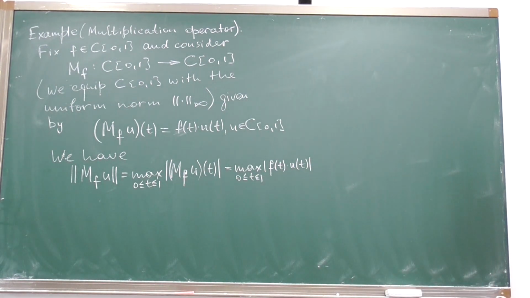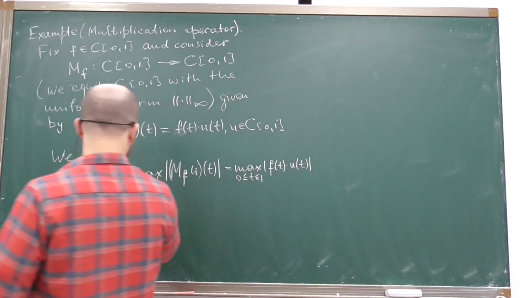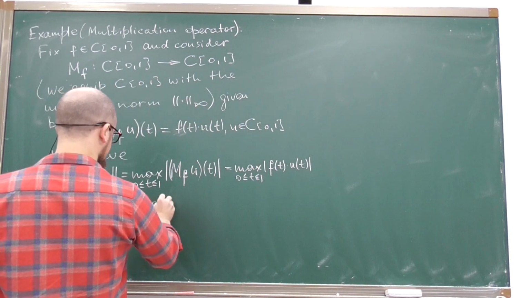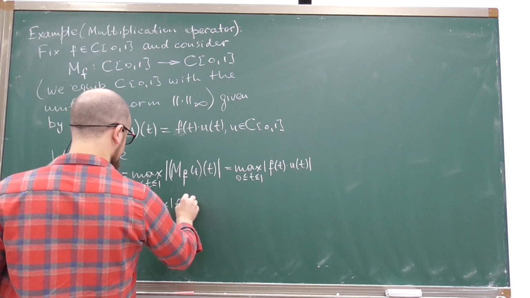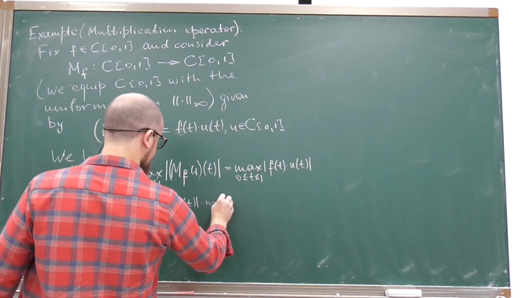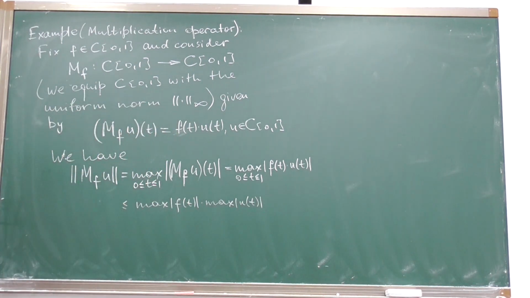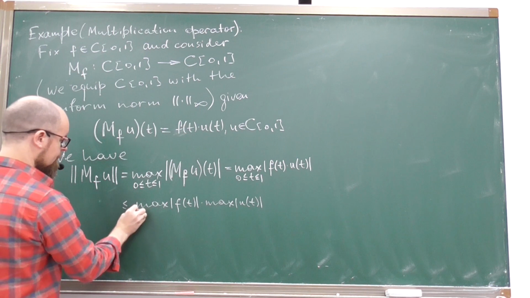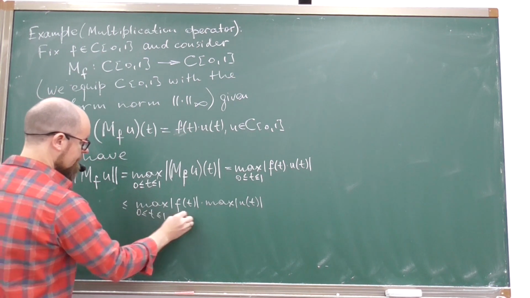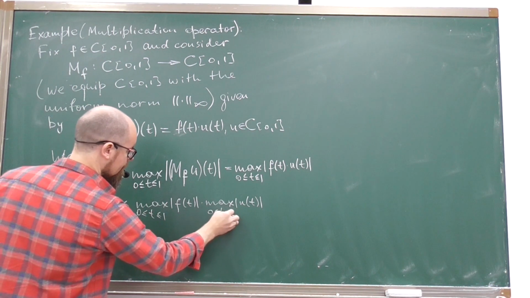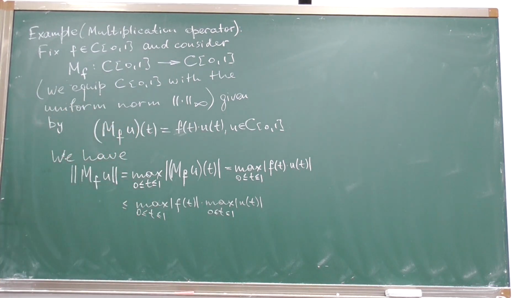Now we can split the absolute value of a product and take the maximum of each term, still over the interval 0, 1, which is nothing but norm f times norm u.